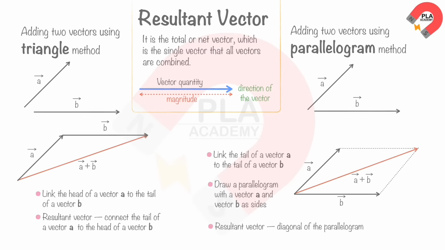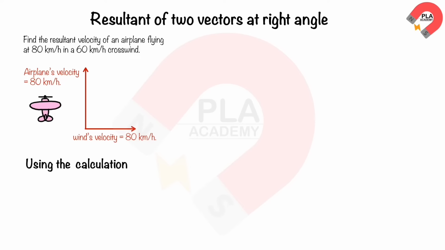Determine the resultant of 2 vectors at right angles. Find the resultant velocity of an airplane flying at 80 km per hour in a 60 km per hour crosswind. Find the resultant velocity using calculation. Draw a parallelogram with 80 km per hour and 60 km per hour as sides, which forms a rectangle.